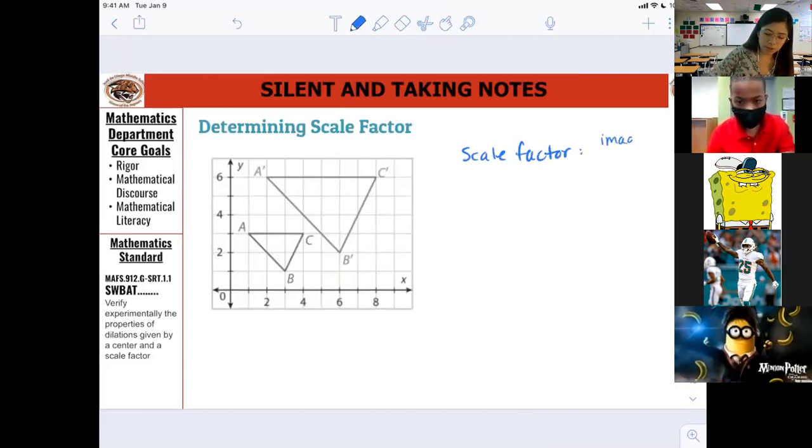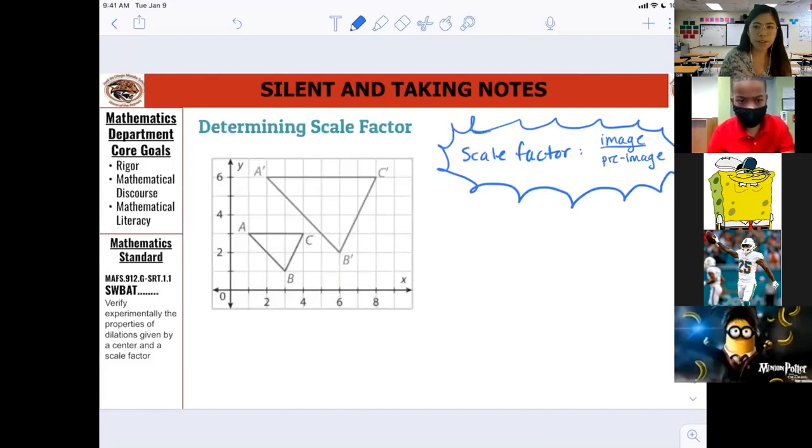So it's image over pre-image. Okay, that's something super important because sometimes if you get it backwards, that's going to mess you up. So I'm just going to keep that there. Now, in this case, which side length do I not need the distance formula for?